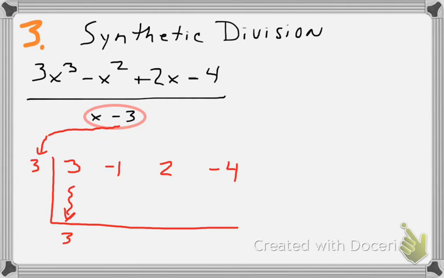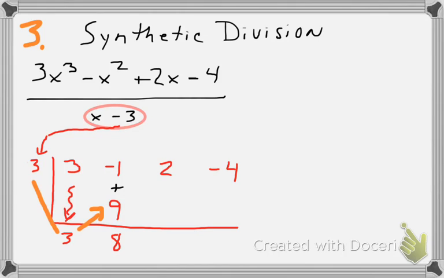We're going to take the outside 3 times 3, and we're going to write it over here. And then to generate our next number on the bottom, we're going to add those two numbers together. Negative 1 plus 9, 8.